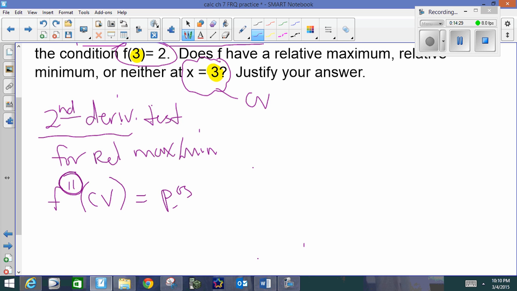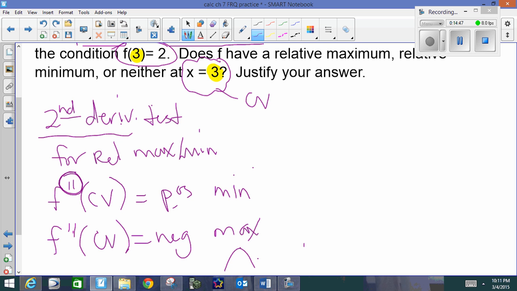Remember that? If f double prime of a critical value is negative, it's a relative max, because if it's negative, it's concave down, so then it looks like this with the max. Okay, so that's the theory that we need to recall.